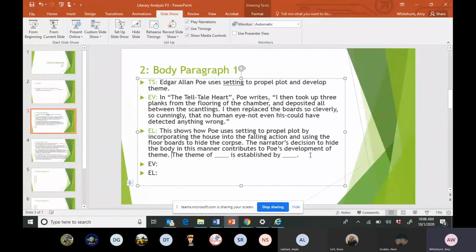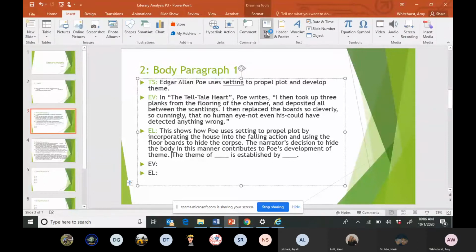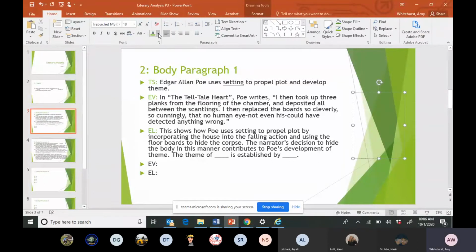All right, what abstract nouns do you think relate to the theme of this piece of evidence? I'm going to write them here, so shout out whichever ones you think relate, and I will type them right here.